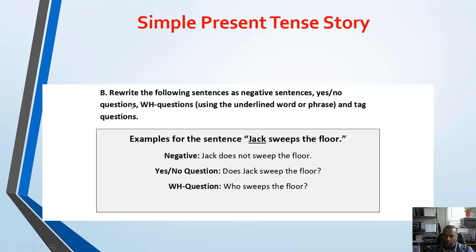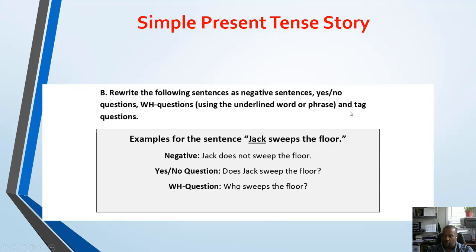B. Rewrite the following sentences as negative sentences, yes or no questions, WH questions, and for our WH questions, those are usually like who or what, okay? Who or what questions, and they use the underlined words or phrases, and tag questions.